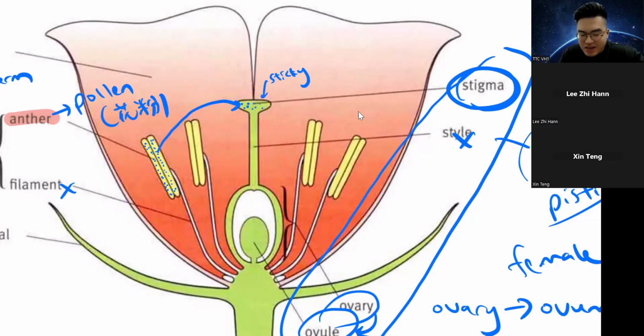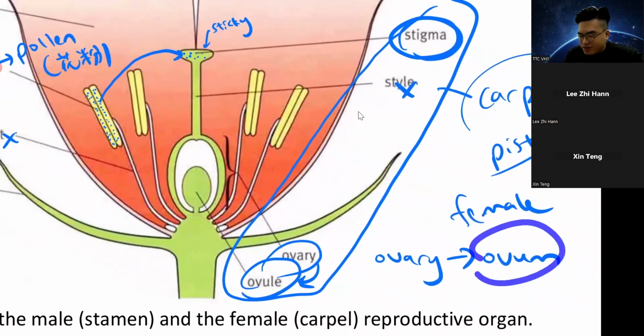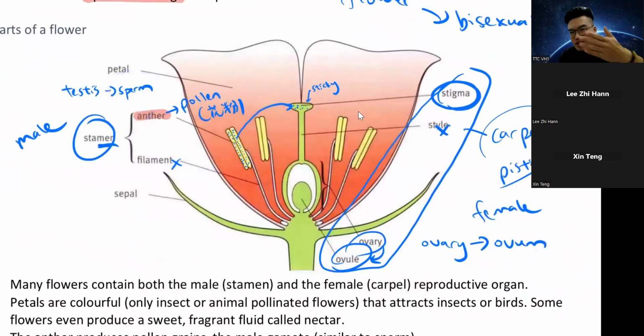Okay, humans, how do we give sperm to the ovum? We have sex lah. Humans have sexual intercourse so that the guy can give sperm to the girl. This one is the same. This pollen grain will come and stick here, so this is their sex lah. So how do they do this?